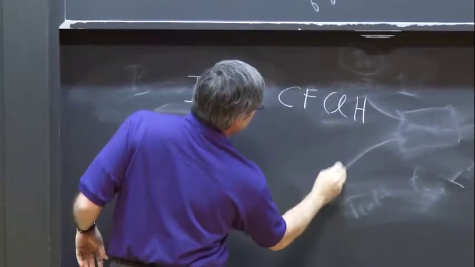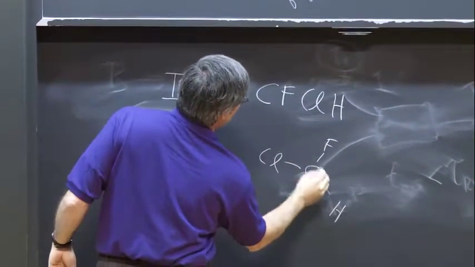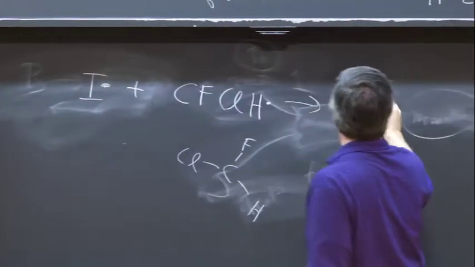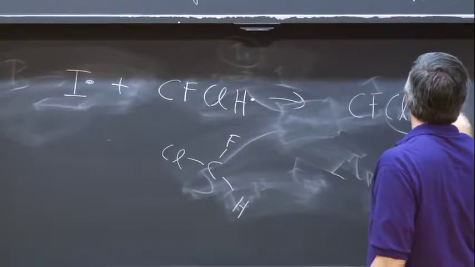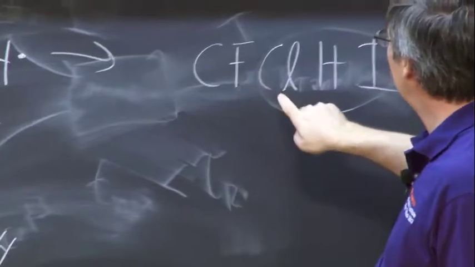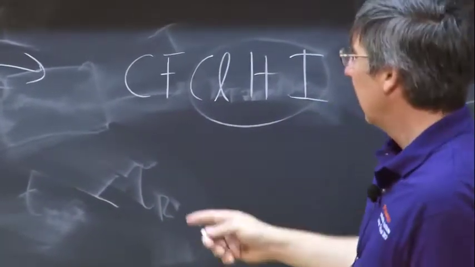So let's draw this. This is C with an F atom, a chlorine atom, an H atom. This is a radical. And these two guys could recombine, and they'll make something like CFClHI. I don't know how you write that exactly. Okay, which is like a tetrahedral molecule with a carbon atom in the center and a fluorine, a chlorine, and a hydrogen and iodine on them.